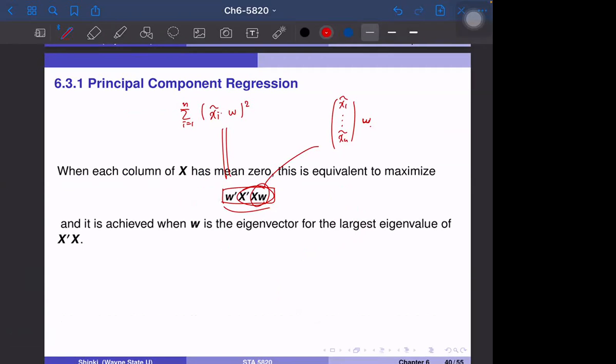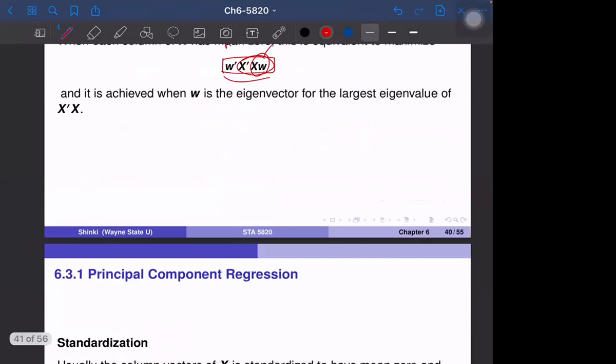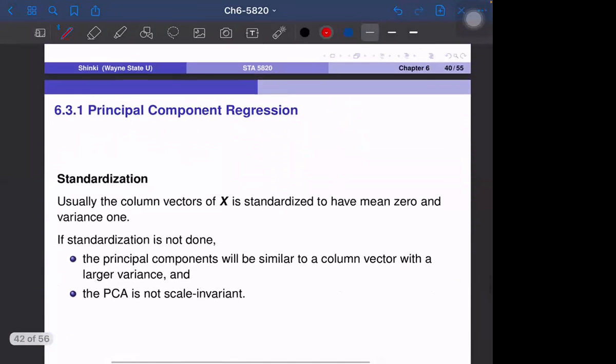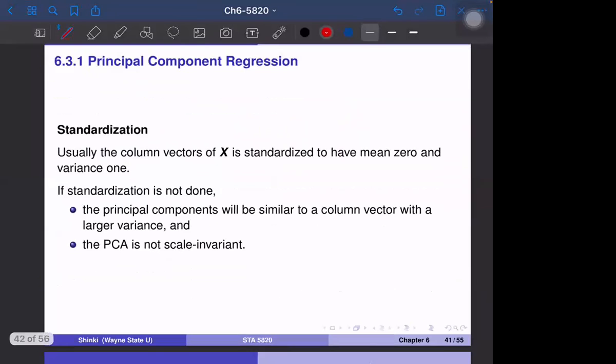So the eigenvector with the largest eigenvalue corresponds to the direction of the first principal component. Yes. So that is the principal component analysis.